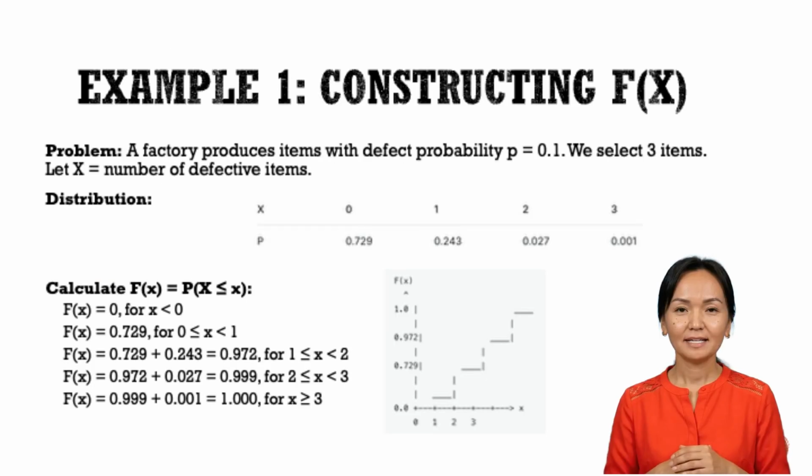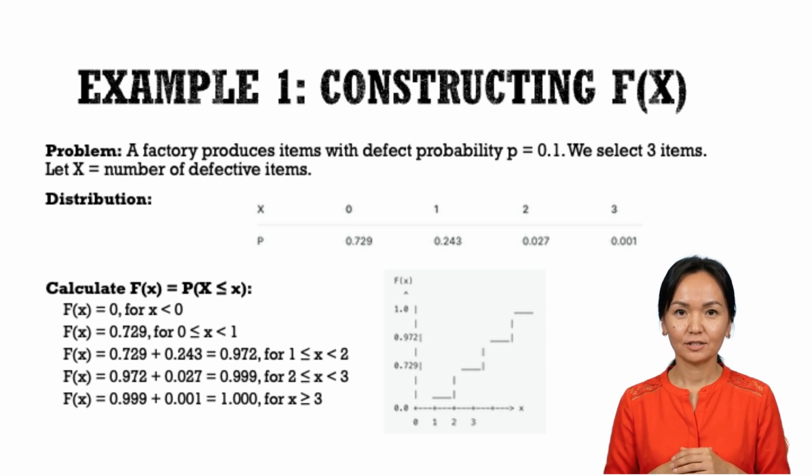Let me give you a preview of how the distribution function works for continuous variables. For continuous random variables, F(x) is a continuous function. There are no jumps. The graph is a smooth curve that increases from 0 to 1. The key differences from discrete variables are there are no jumps, the function is differentiable, the probability that X equals any specific value a is exactly 0, and we use a probability density function instead of individual probabilities.